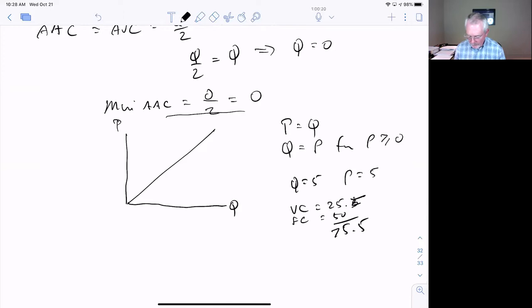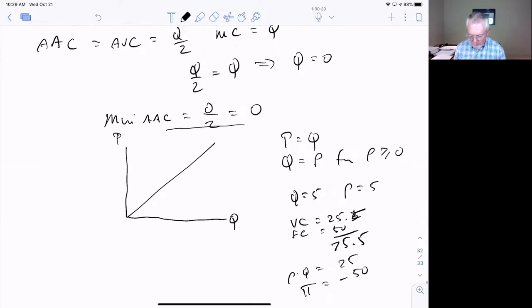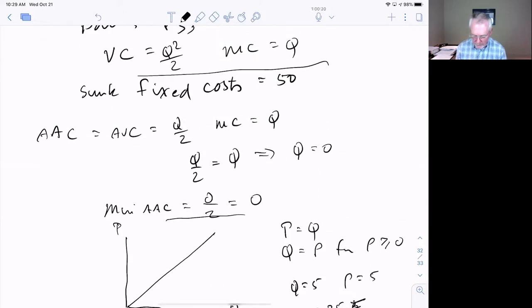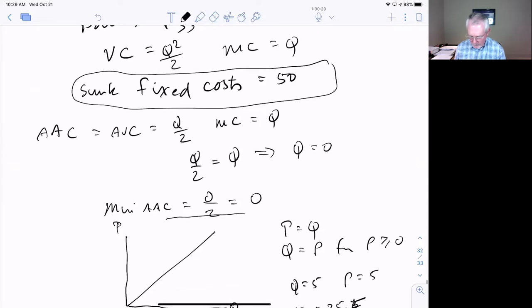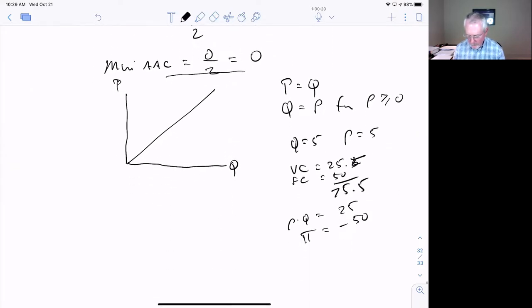But he would have revenues, price times quantity, equal to 25. So Dan would be losing in that case. His profits are minus 50, which are exactly his sunk fixed costs. Okay, so Dan's going to lose. His profits would be 50.5.